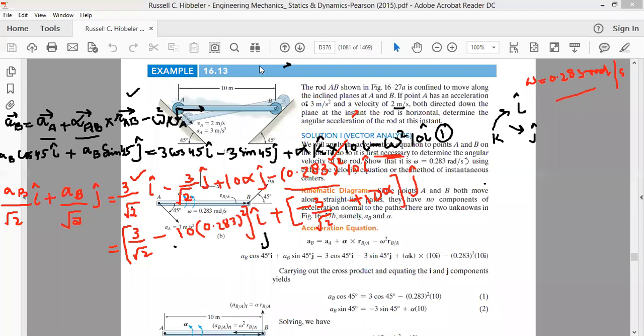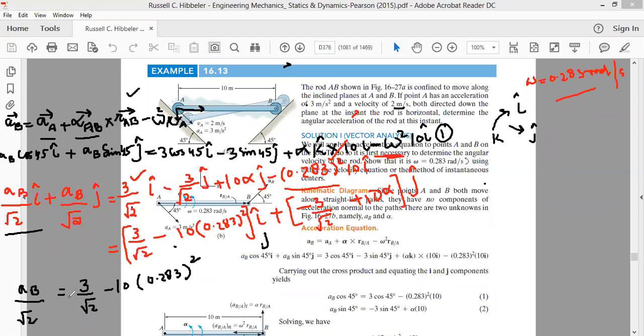Now balancing the I components, we have AB by under root 2 is equal to 3 by under root 2 minus 10 into 0.283 square.